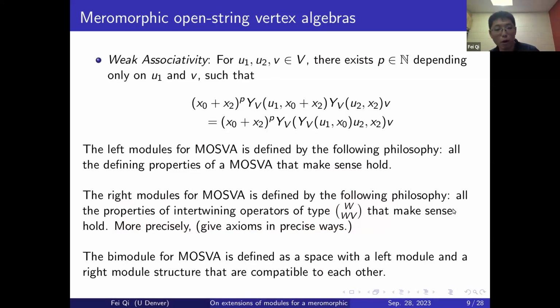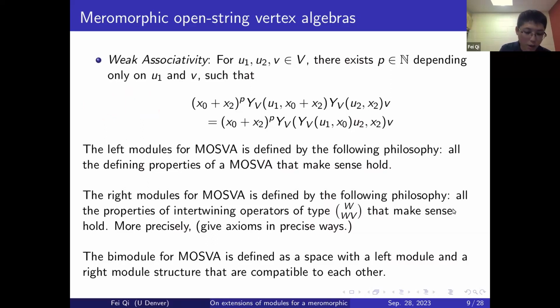Okay, finally, the bimodule is just defined as a space that has a left module and a right module structure, and moreover, we require them to be compatible with each other. Remember that in an associative algebra, the compatibility of a bimodule is simply expressed as associativity. Given an element in the bimodule, you first act on the element from the left, and then act from the right.